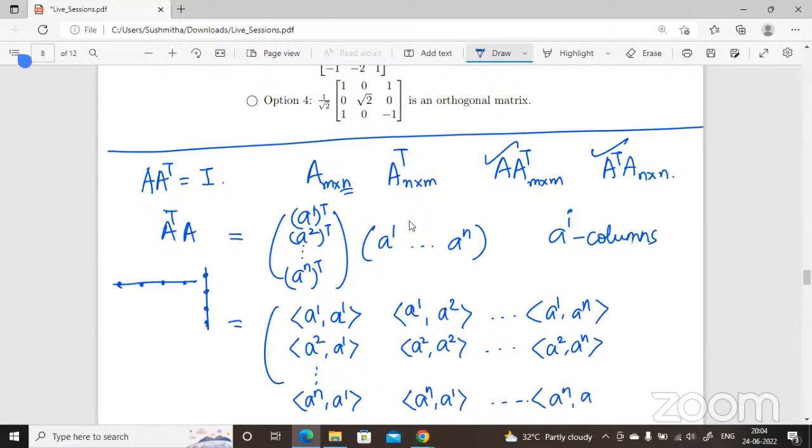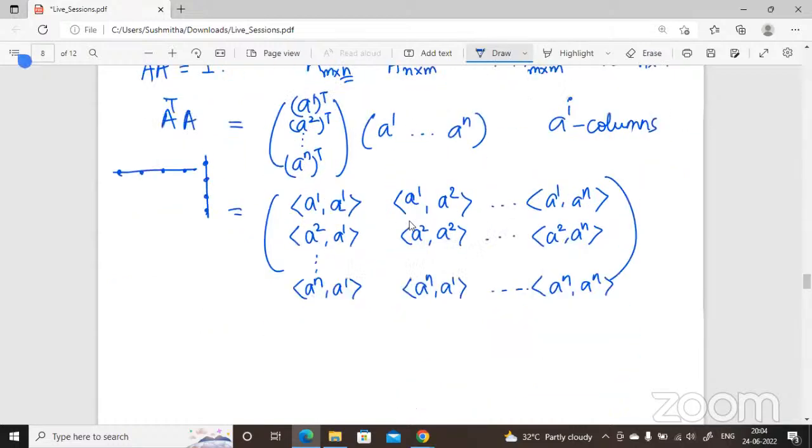If all these columns are orthogonal, then all these entries are going to be 0. Except the diagonal entries, all the other entries are going to be 0. And what happens to the diagonal entries?